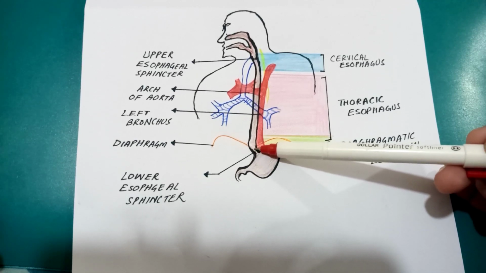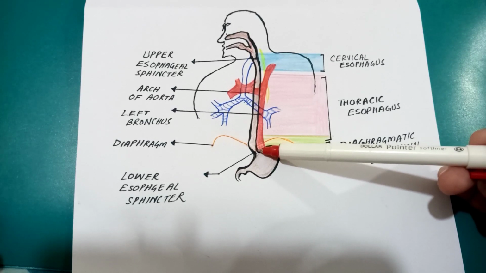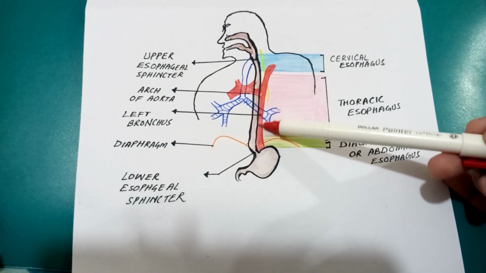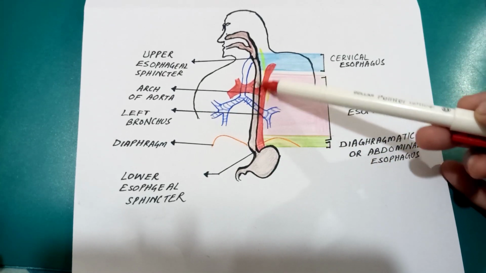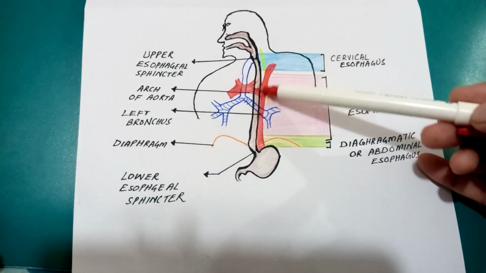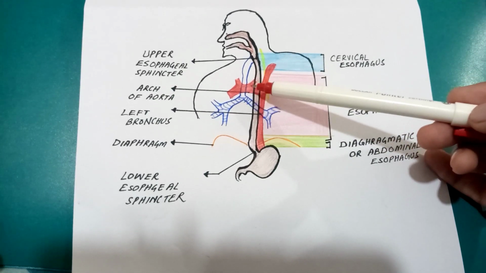This lower esophageal sphincter, which is 3 to 4 centimeter, lies intraperitoneally below the diaphragm. The esophagus is held loosely in the hiatus by a phrenicoesophageal ligament.